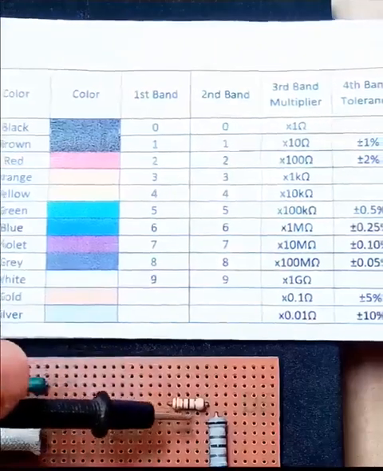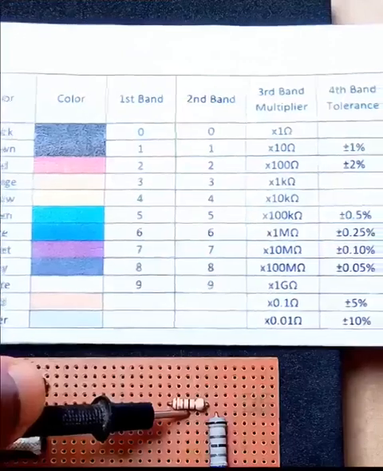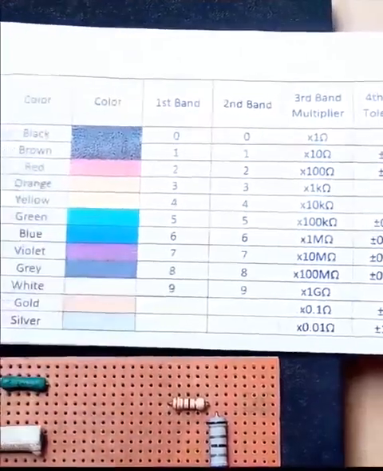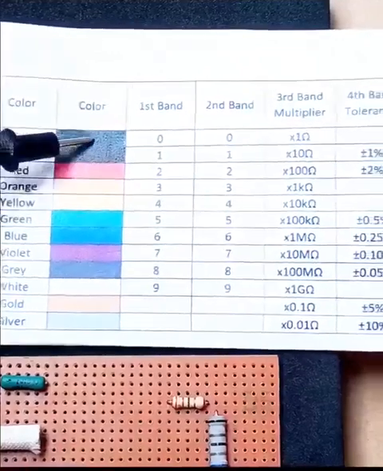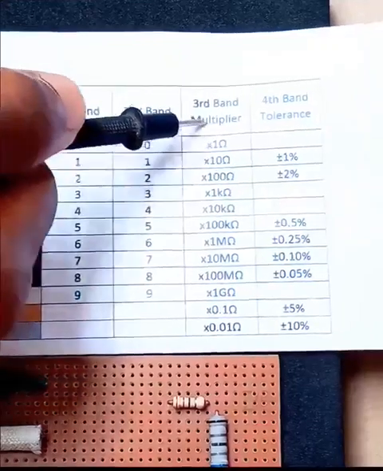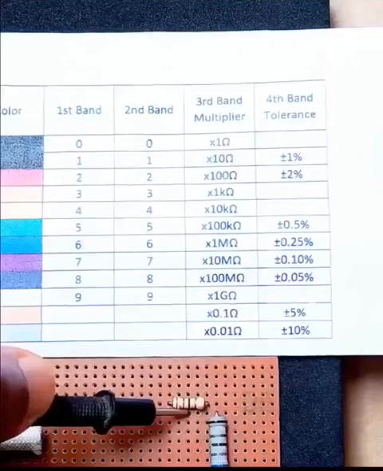The third band, usually called the multiplier band, is black, and we locate black here, referring not to the first, not the second, but the multiplier, because we're now working with the third band, the multiplier band.